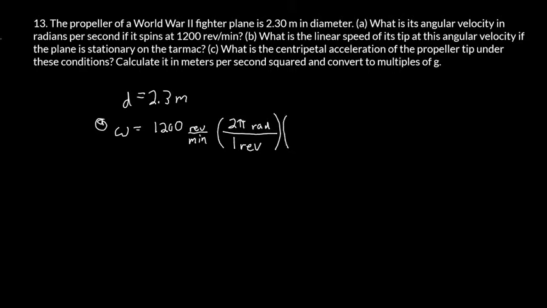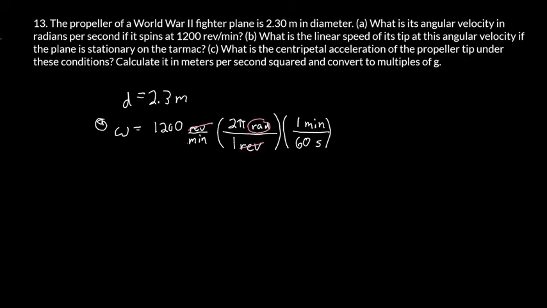And then I want to convert my minutes into seconds. So I get rid of the minutes by putting the minutes up top, so those will cancel out. And 1 minute is equal to 60 seconds. If I look at this factor label method, I can see what units cancel. The revolution up top is going to cancel with the revolution, and I'll end up with a radian on the top.